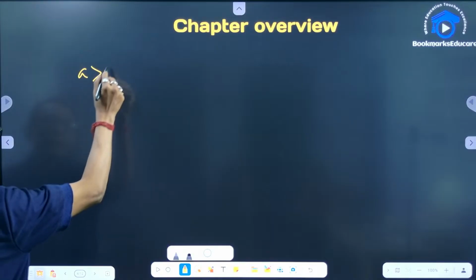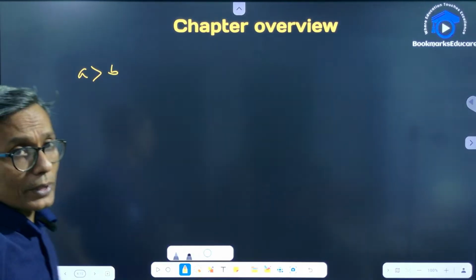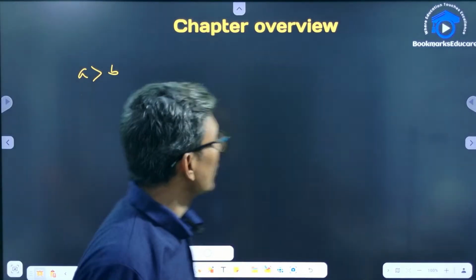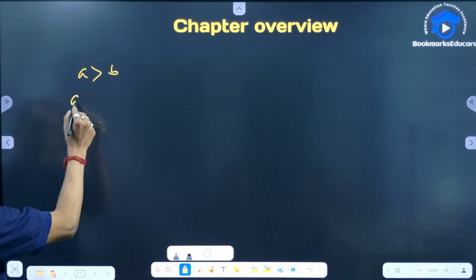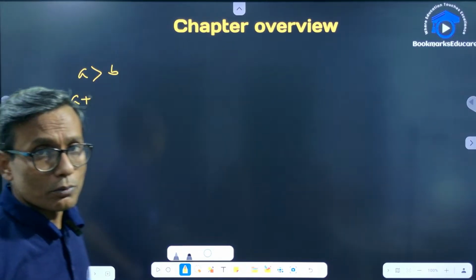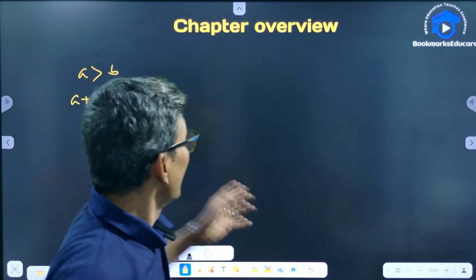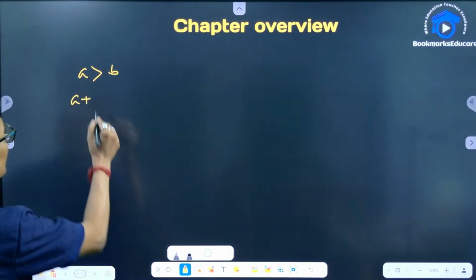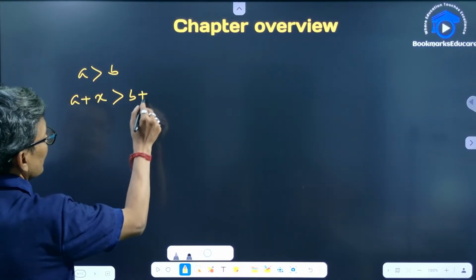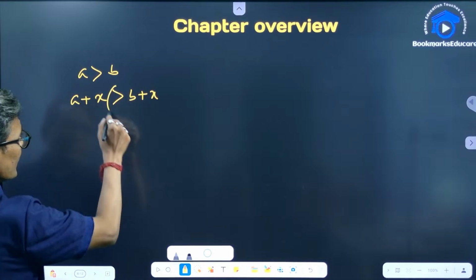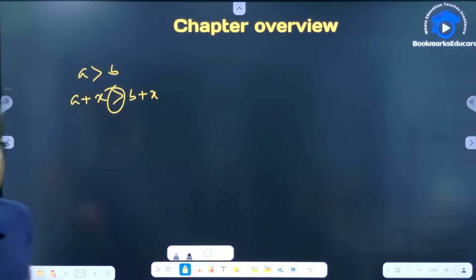Suppose a greater than b, where a and b are any two numbers. If a greater than b, then if we add any constant on both sides of the inequation, suppose x, then the sign of this inequality will not be changed.